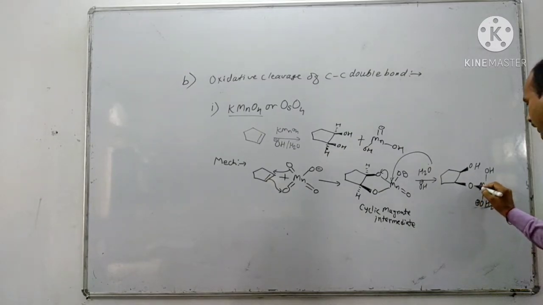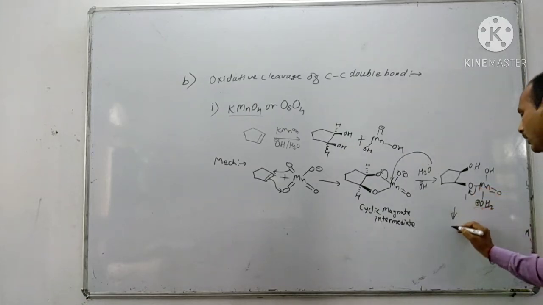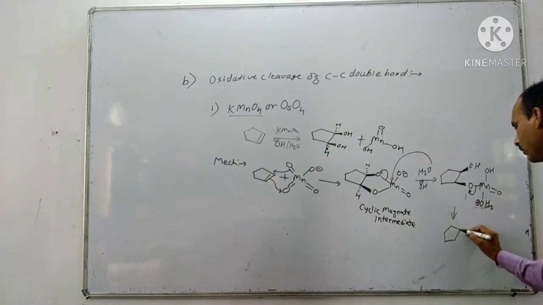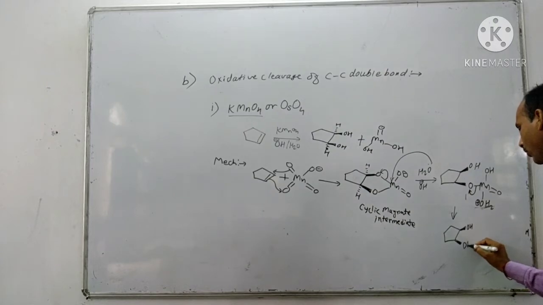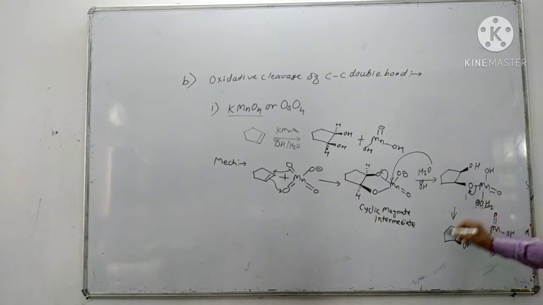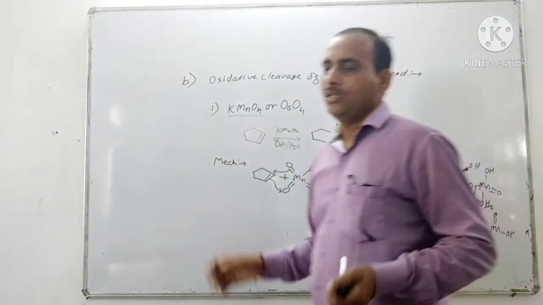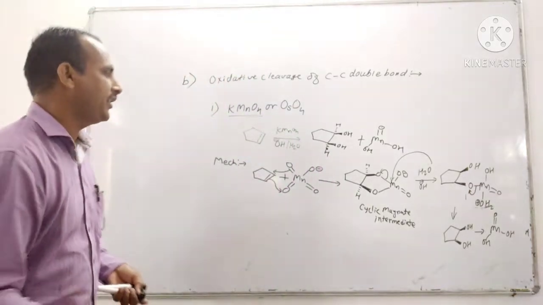Now this bond is sitting here, and this takes the proton from this to form the OH, OH, and there is formation of Mn double bond O, OH, OH. This cyclopentane diol formation takes place by using this KMnO4 in alkaline conditions.